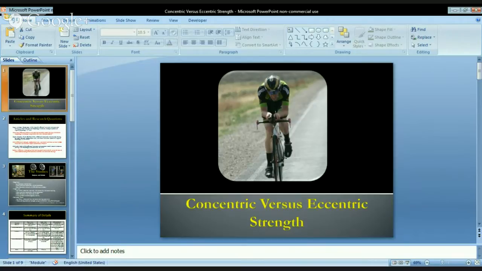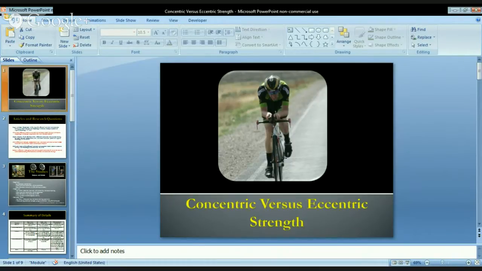Training concentrically improved only concentric strength in their study, which makes a lot of sense and is very true. We can see those patterns going back to our graphs. So cross-section areas increased by 5% by concentric training and 6.6% in eccentric training. So way to go, ladies, in that study. That's again, pretty good gain.